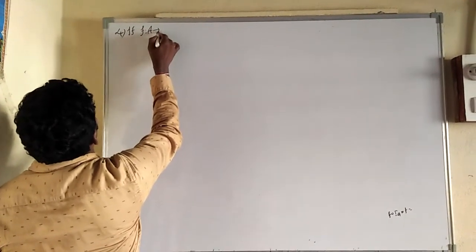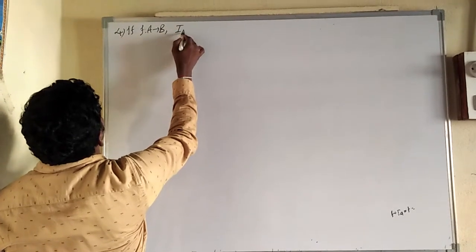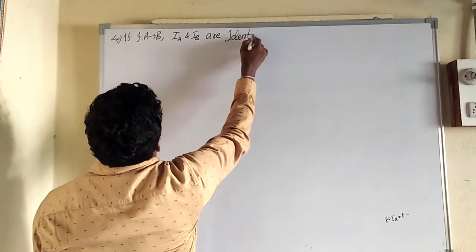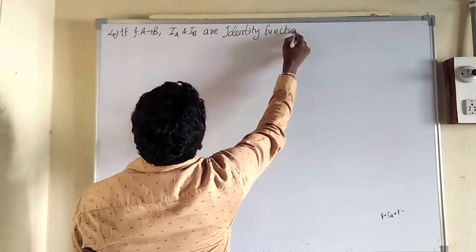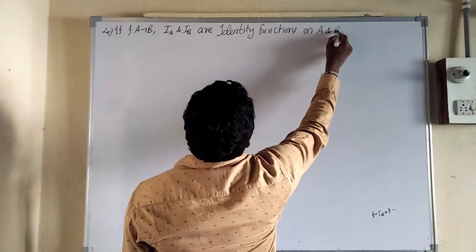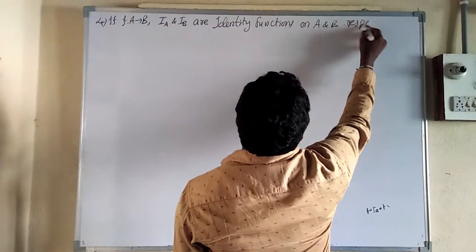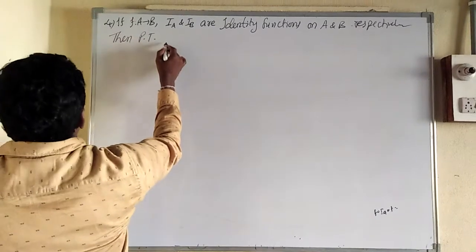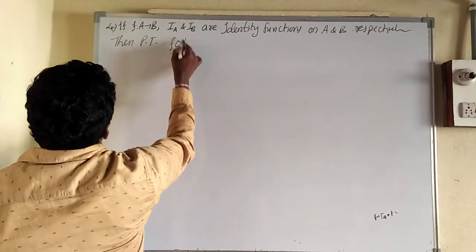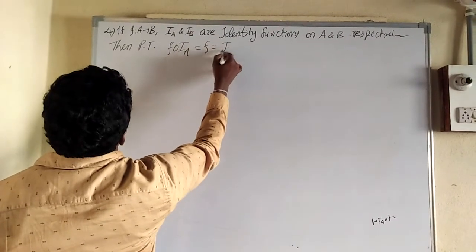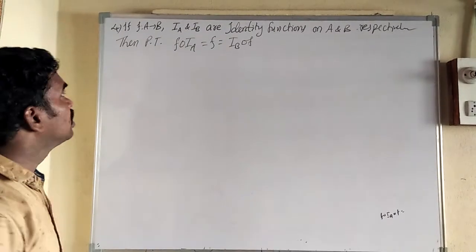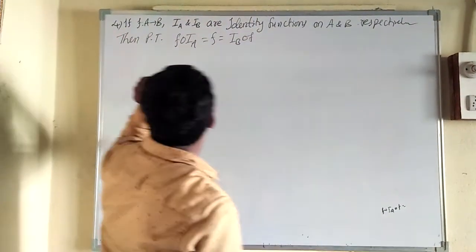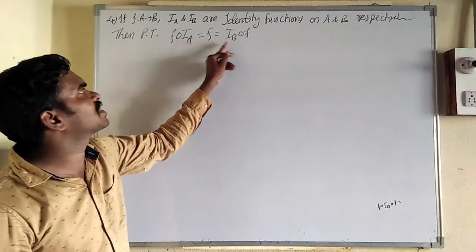If F maps from A to B, and IA and IB are identity functions on capital A and capital B respectively, then prove that F circle IA equals F equals IB circle F. F is from A to B, and IA and IB are identity functions on A and B respectively. Then prove that F circle IA equals F equals IB circle F.